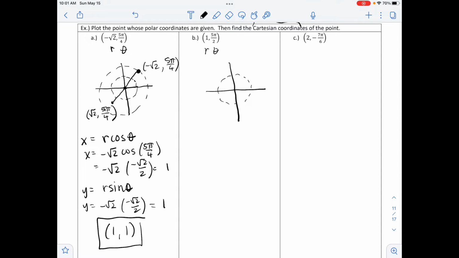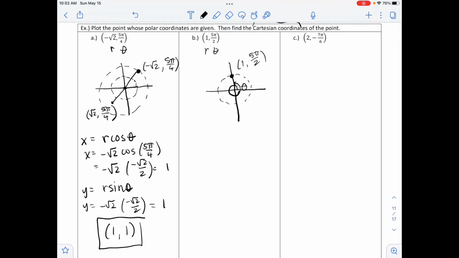It's 5 pi over 2. So our theta would go all the way around once, which would be 4 pi over 2, or 2 pi, and then another half. So it does end up here. And so our point is going to be at 1 comma 5 pi over 2. And again, that is our polar coordinate, 1 comma 5 pi over 2.